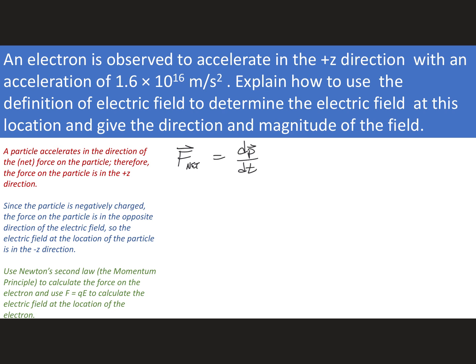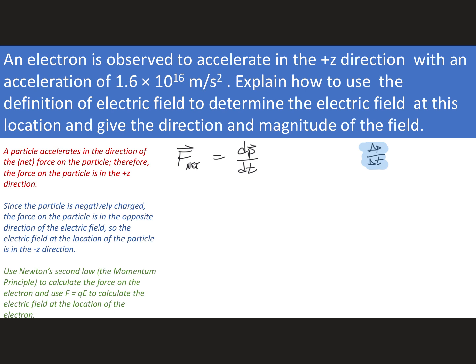Now that's the same thing as delta p over delta t, basically. If you go back to our first semester, those collisions, we developed the impulse momentum theorem. So F net times delta t would equal the change in momentum, and that's just the impulse momentum theorem.